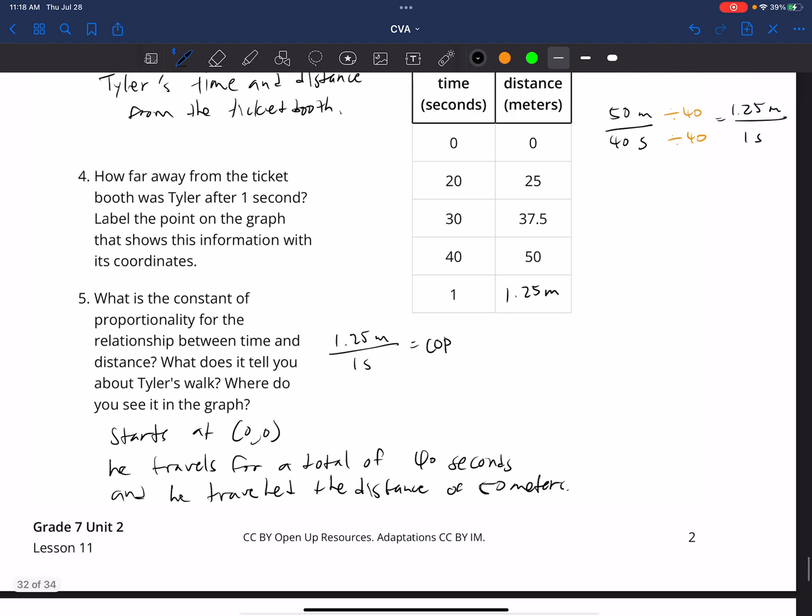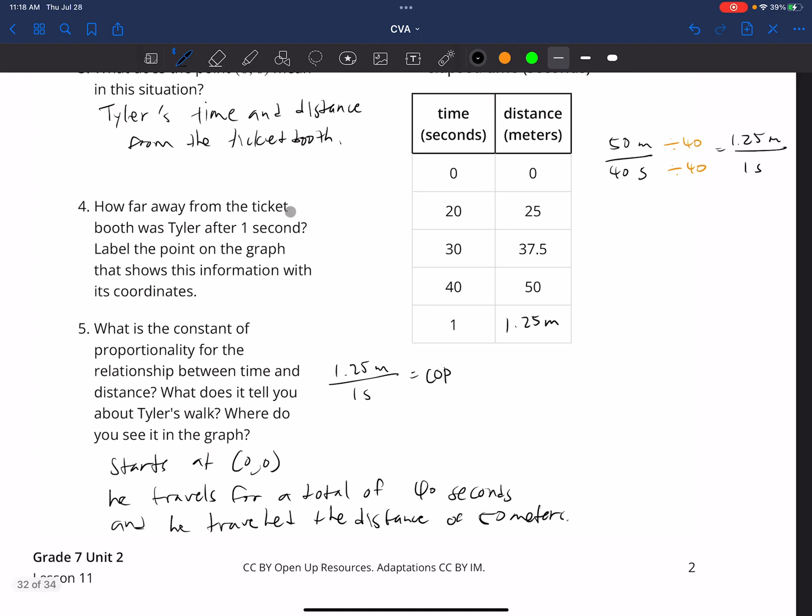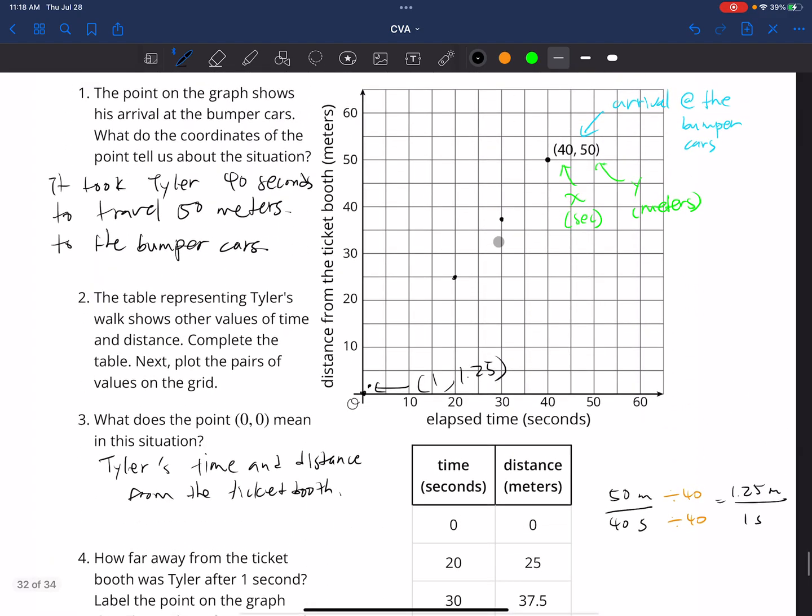Okay, that's pretty much it. And then where do you see it on the graph? I see it right here on the graph.